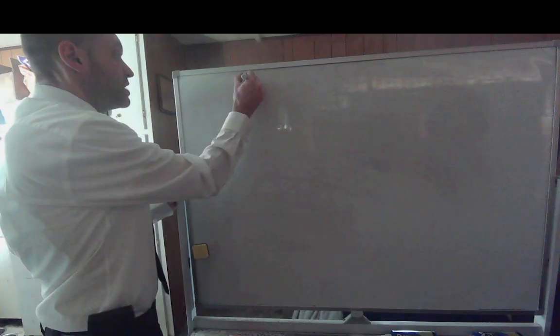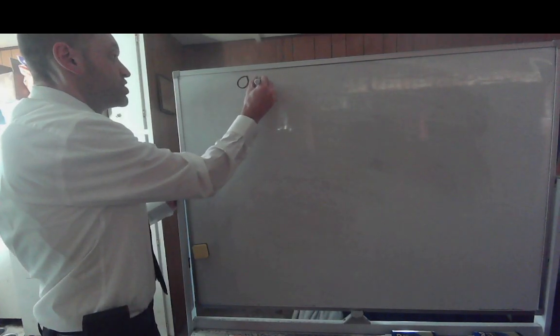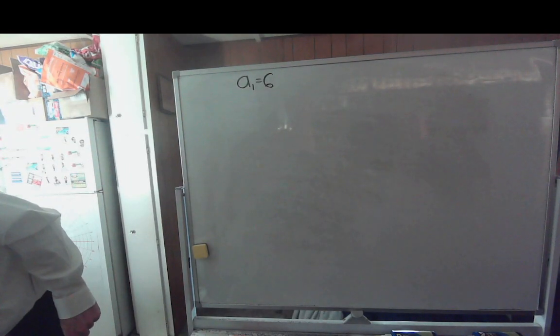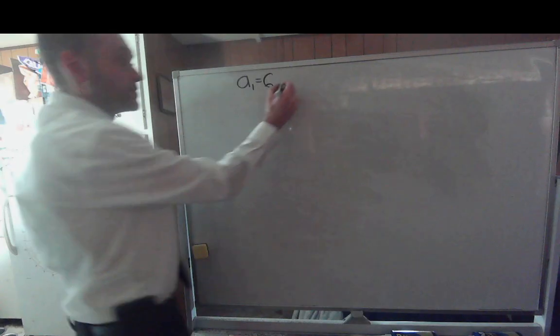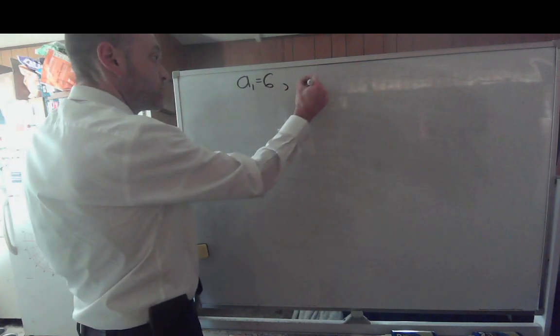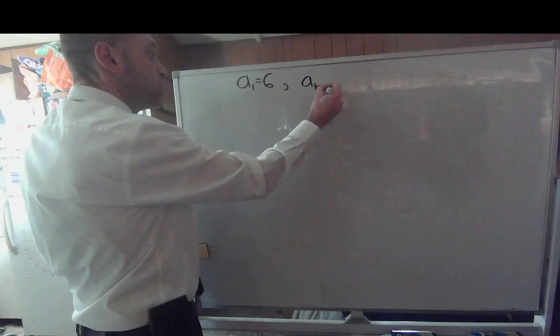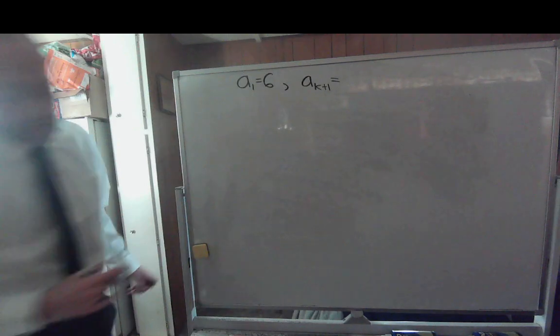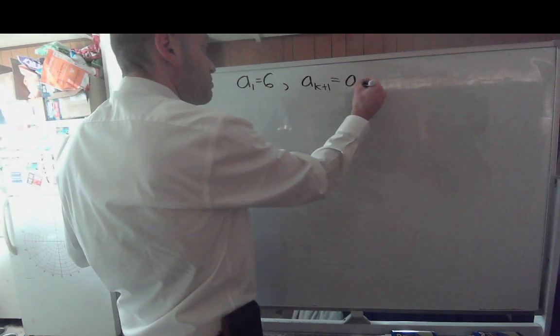Let's say they give you that the first term is going to be 6, and they want you to find the first 5 terms of a sequence where a sub k plus 1 equals a sub k plus 2.